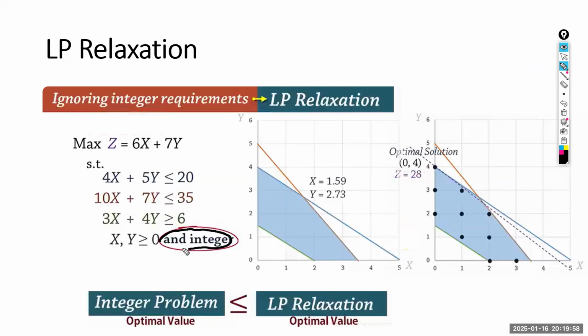We solve it like normal linear programming, by the simplex method or the graphical method. So the first part is the same. If you are given an integer linear programming question, first forget about the integer part and just solve it, maybe graphically. That is your step number one.